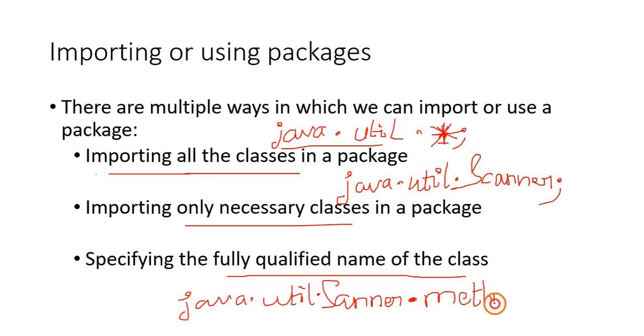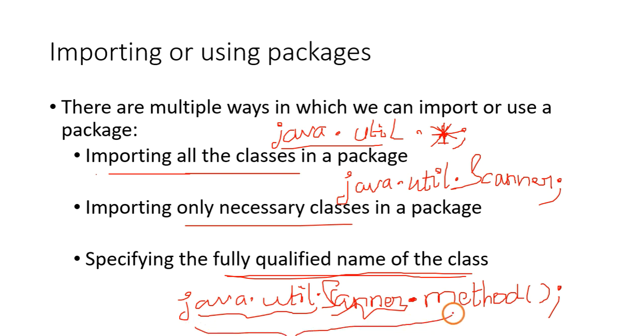If there are any static variables, you will write something like that. You will write the method name and semicolon. So this is called the fully qualified name of the class. Scanner is the actual class, I forgot the C here, Scanner. And before the Scanner, what is this? This is the package name. So this whole thing is called the fully qualified name of the class.